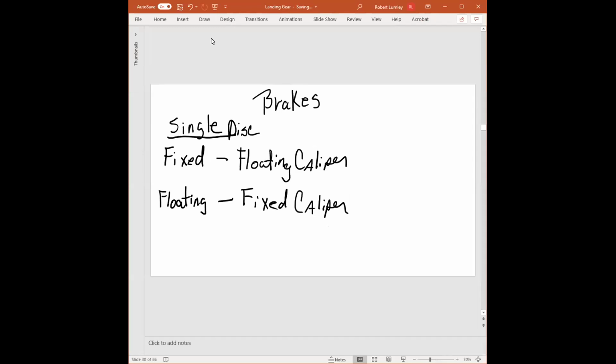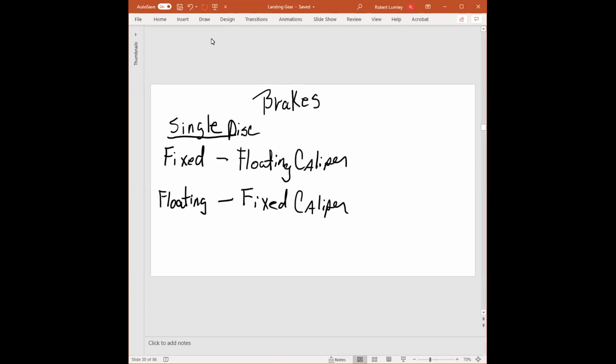And then we have the piston that comes out, and the piston pushes the brake pad against the floating disc, which moves the floating disc to the back plate or the back pad, okay? This is what I tried to show you yesterday, as far as the brakes go and how they move, so that you could understand it without me trying to describe it crazily today.